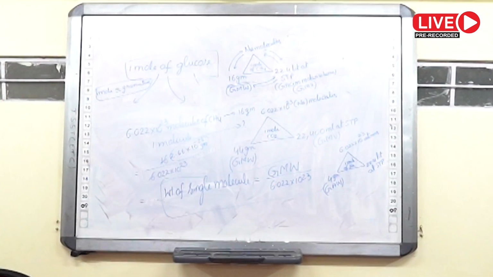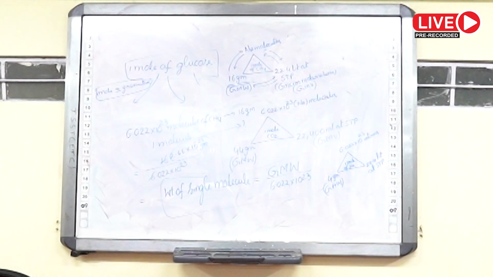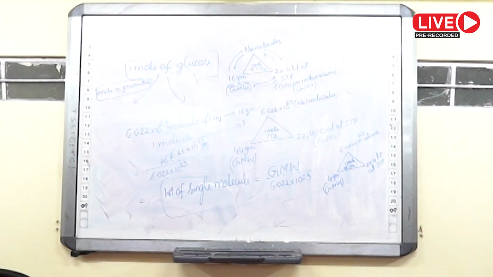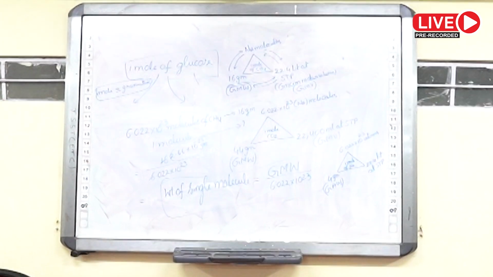Like that, students should be able to construct mole triangles. In mole triangles, all the 3 corners are interrelated. They are also related to the central part, that is 1 mole.